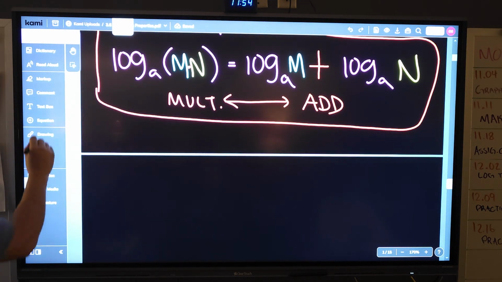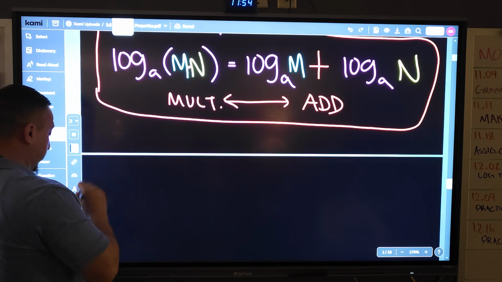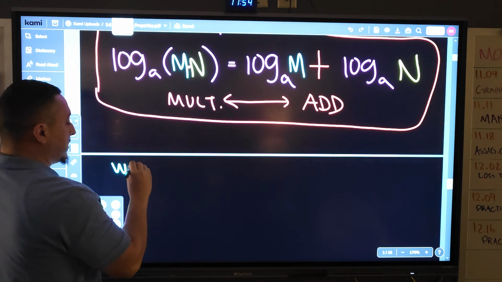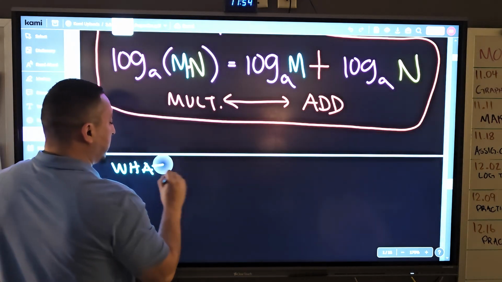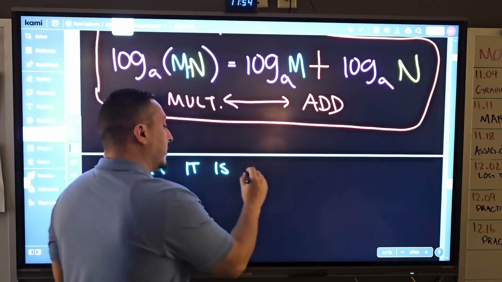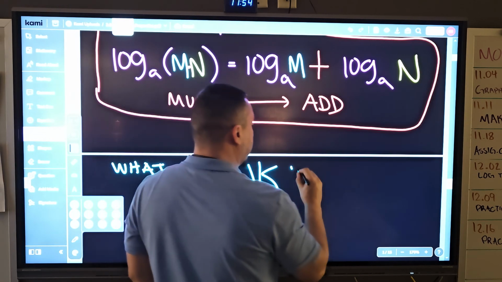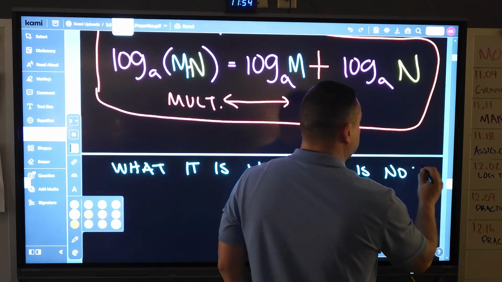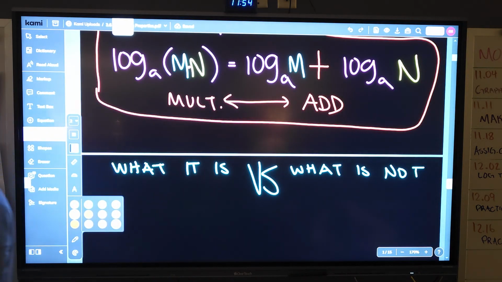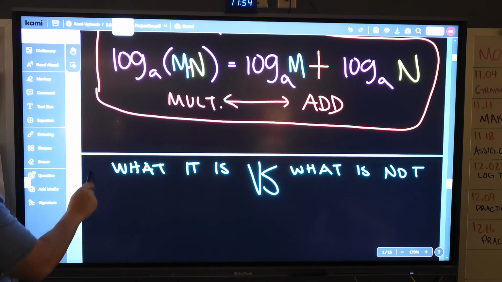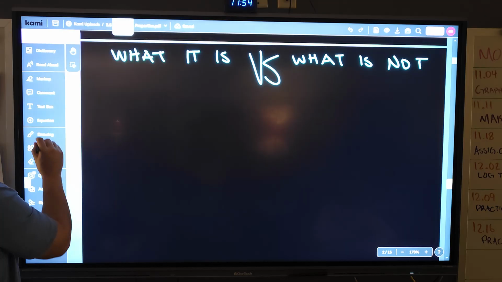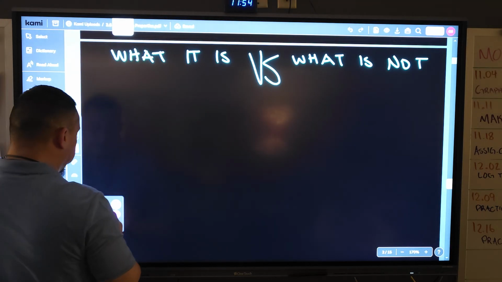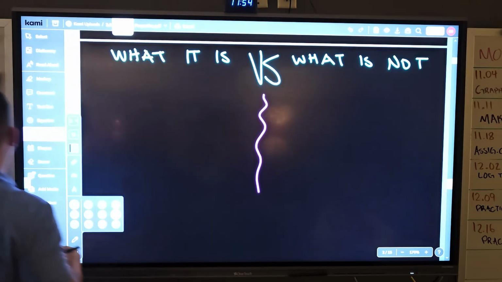Okay, let me show you what it's not. Let's do what it is versus what it's not. That's what's confusing the students at first. Like, when can you do it? When can you not do it? So let me show you the difference. Okay, so this is what it is.